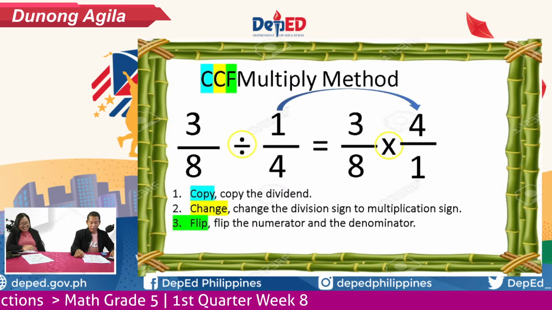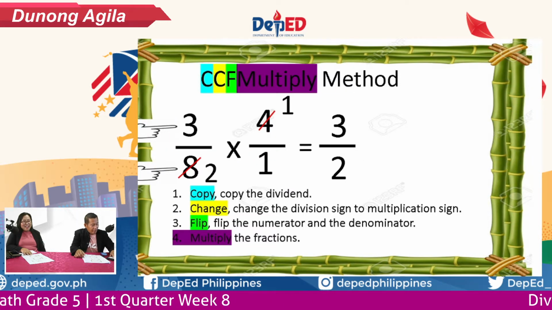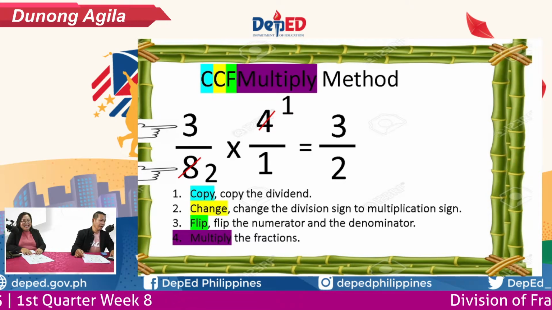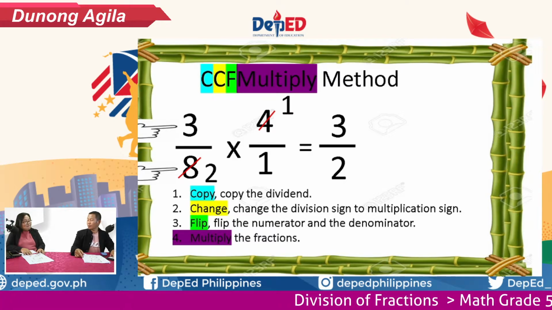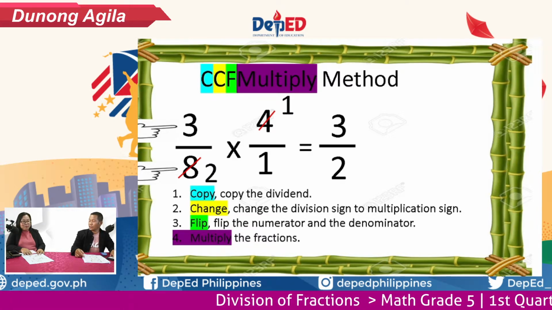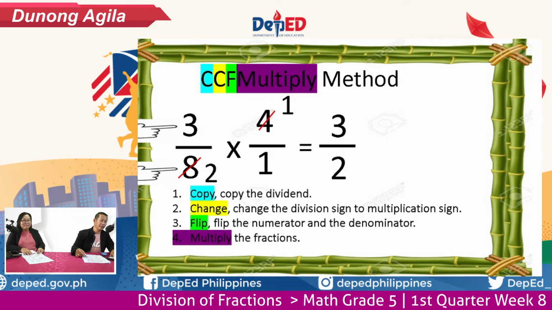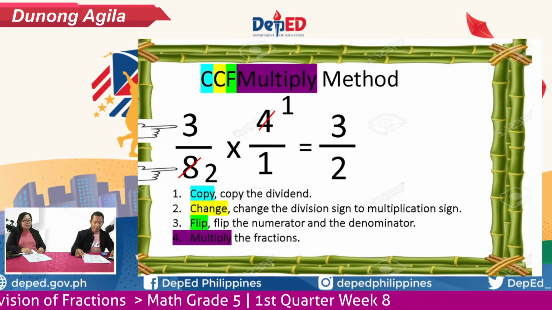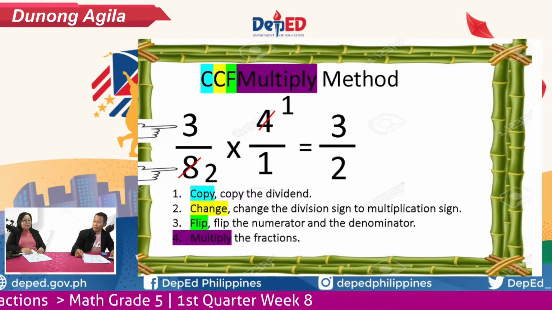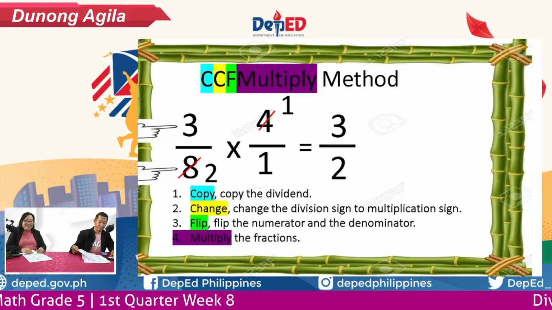After cancellation, our new equation will be 3/2 times 1/1. So we are now ready to multiply. So 3 times 1 is 3 and 2 times 1 is 2. So we have a product of 3/2. Is that our final answer, Ma'am Joy? Not yet, sir.